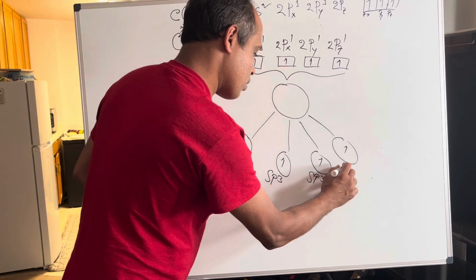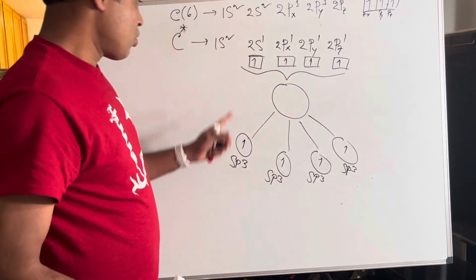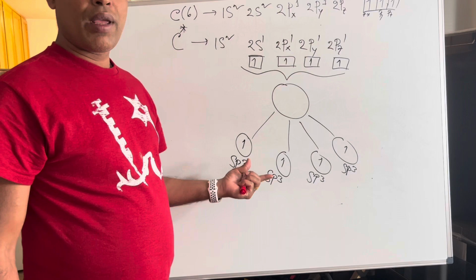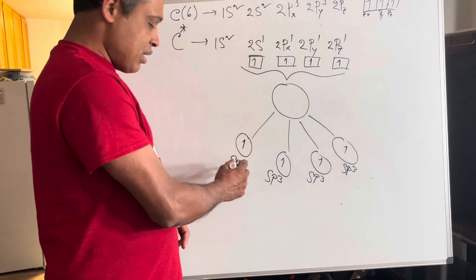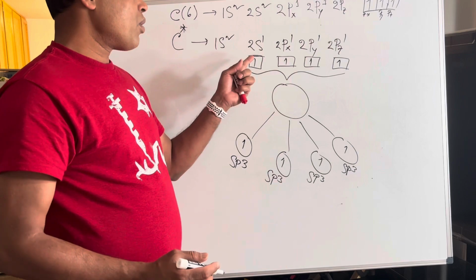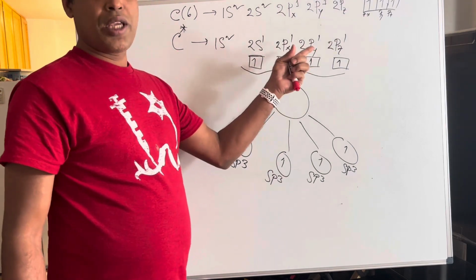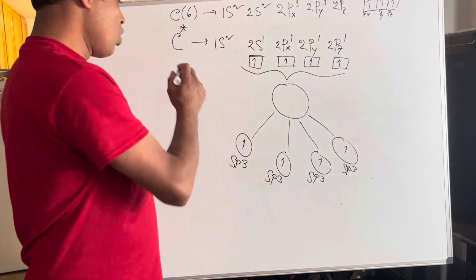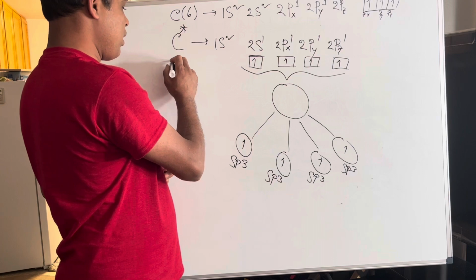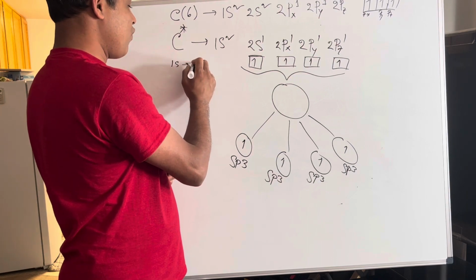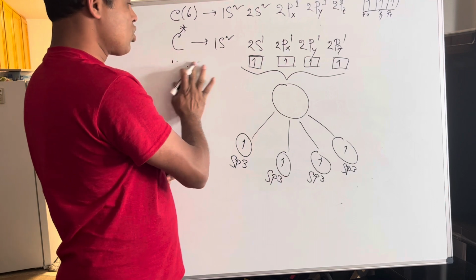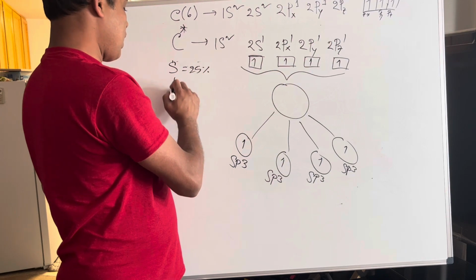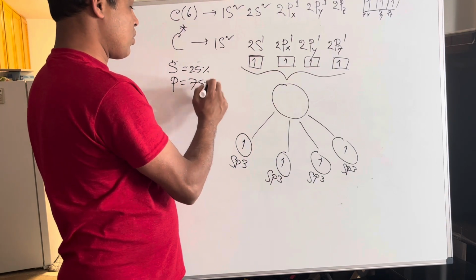Because 1 s orbital and 3 p orbitals, that's why it is called sp3 orbital. Now in each sp3 orbital, you can think about how much s character and how much p character. There are 1 s in a total of 4 orbitals, so you can easily think the s character is 25% and the p character is 75%, because there are 3 p orbitals.